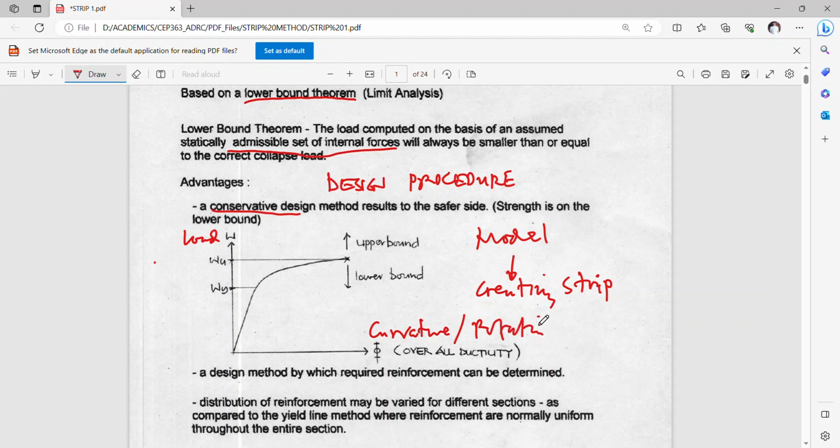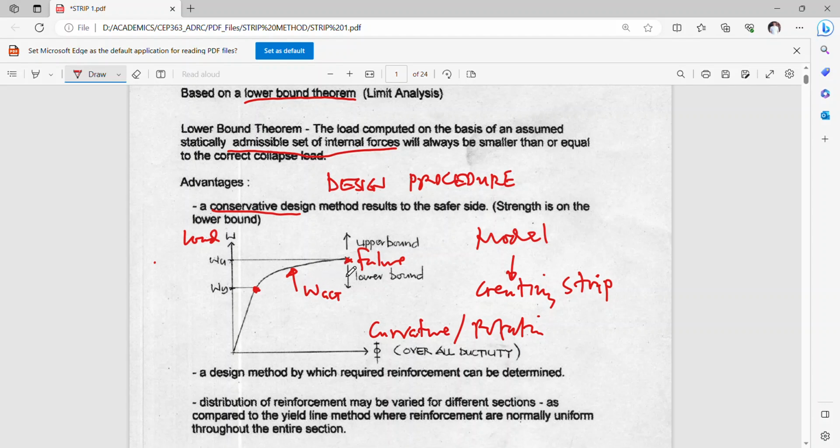The shape of the curve is actually almost straight up to the yield capacity, and suddenly drops into a flatter curve into the plastic range. So the lower bound is actually at this point and the upper bound is at this point, and we expect the actual collapse load or capacity to be in between.